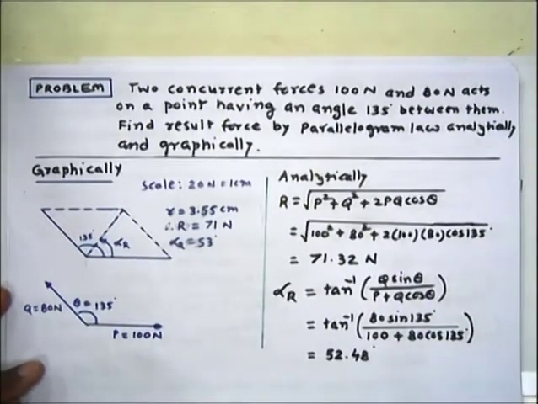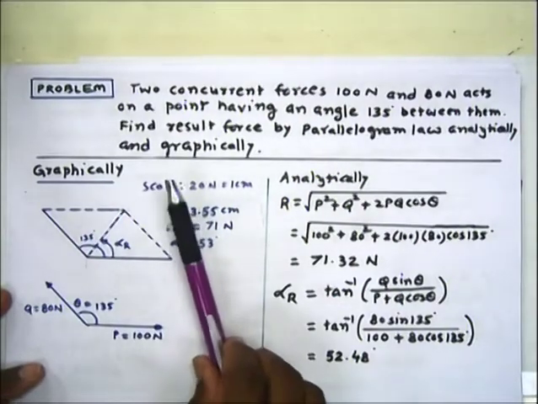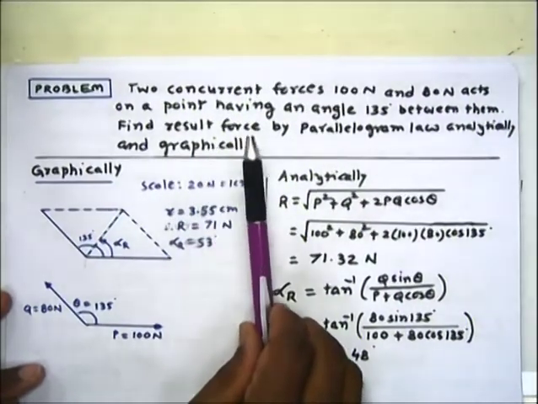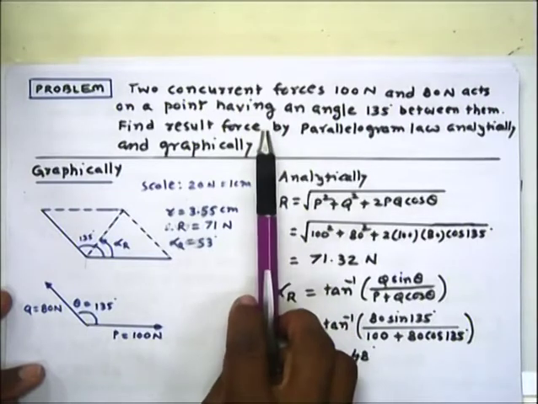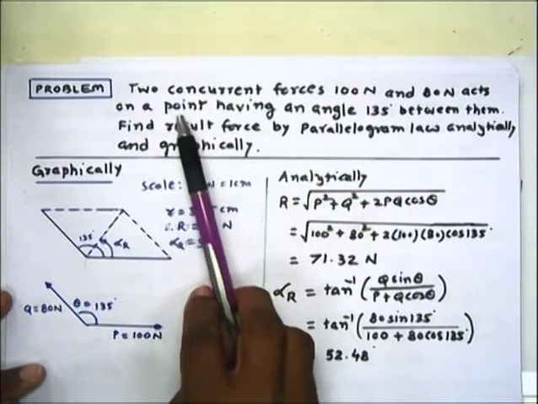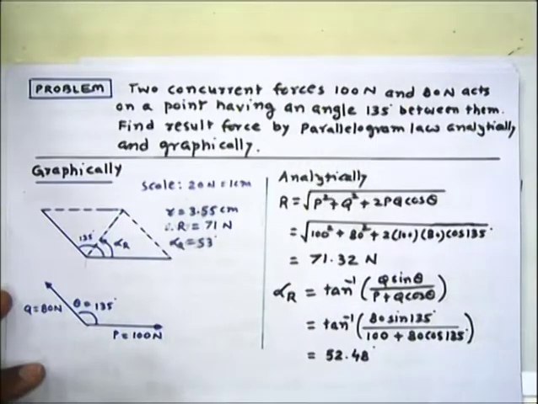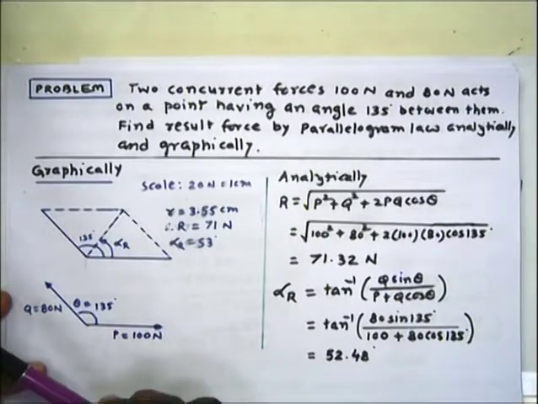So here, say we are taking one problem. Here data is given as two concurrent forces. As you know, this parallelogram law method is applicable to two concurrent forces only. So here say two concurrent forces of 100 Newton and 80 Newton act on a point having an angle 135 degree between them.